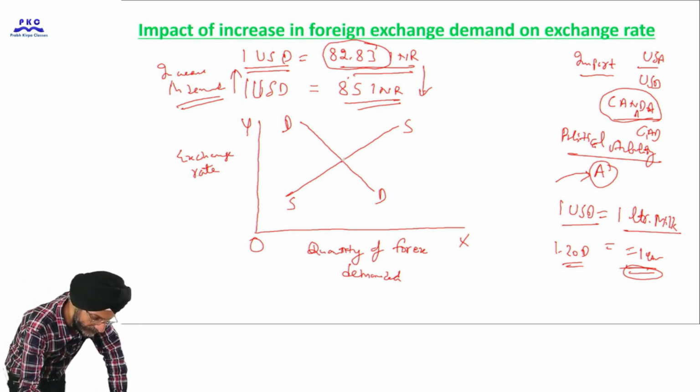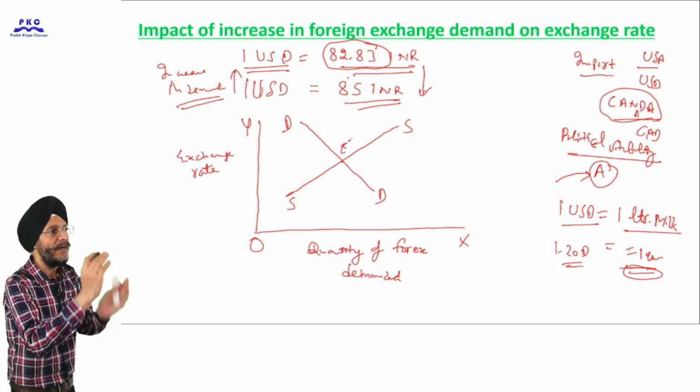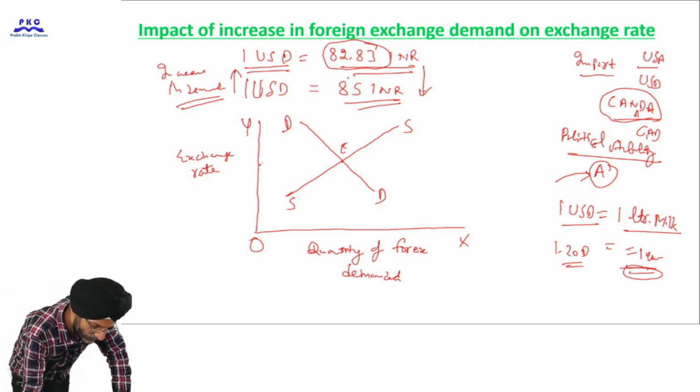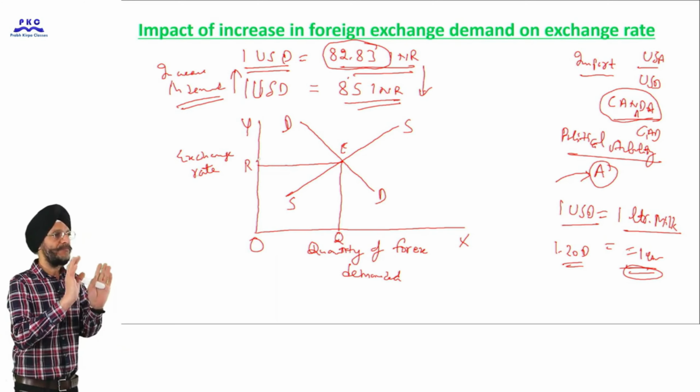So here it is the point E, equilibrium point, where demand and supply curve cut each other. So this is the quantity demanded Q when the exchange rate is R.